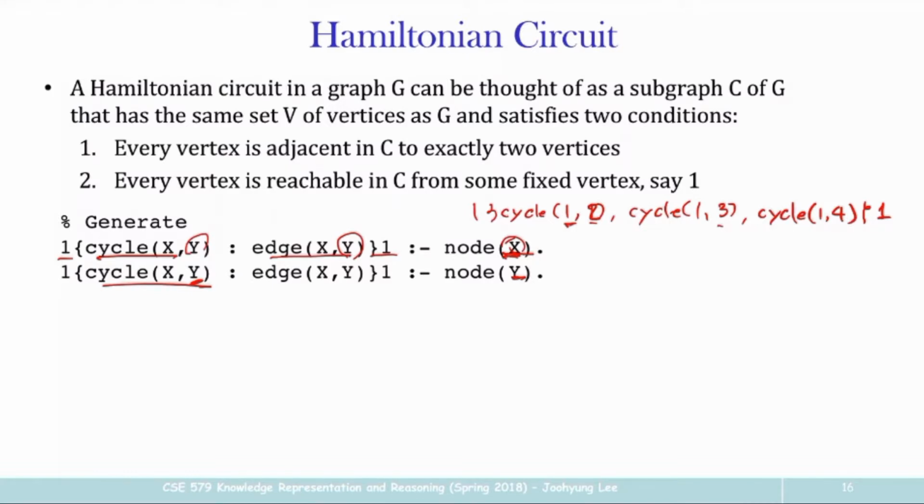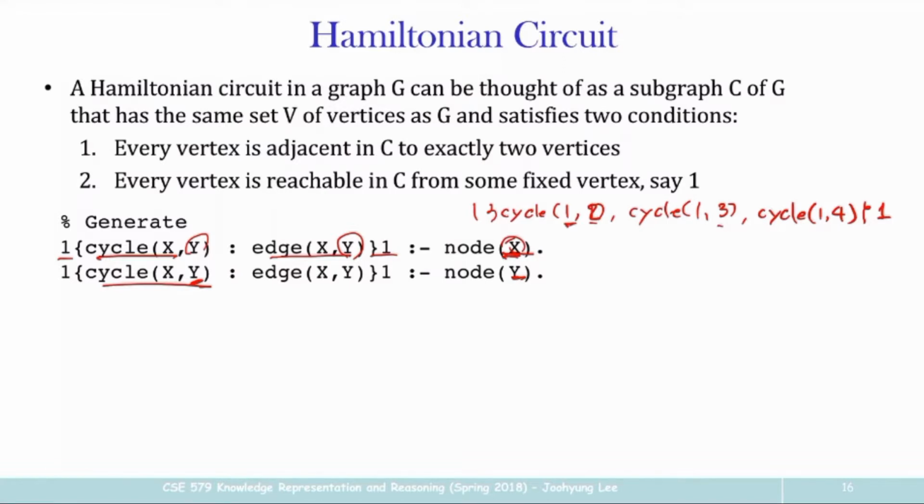So if you have just this part, what will happen to the stable model? It will generate all the possible selections of edges where each node has exactly one incoming and one outgoing edge. Isn't this sufficient?